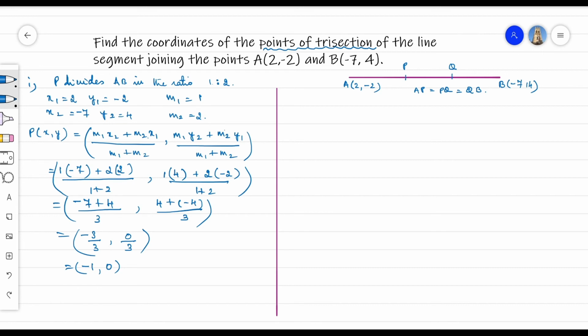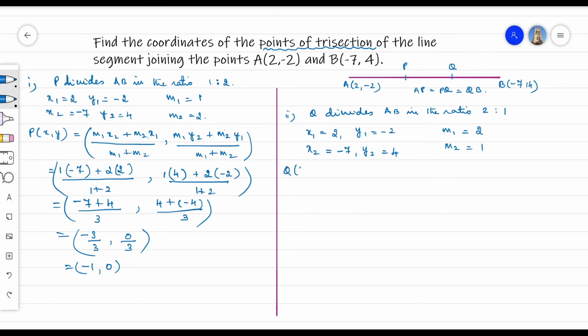Let us find the coordinates of Q. Q divides AB in the ratio 2:1. So our x1 is 2, y1 is minus 2, x2 is minus 7 and y2 is 4. m1 is 2 and our m2 is 1.